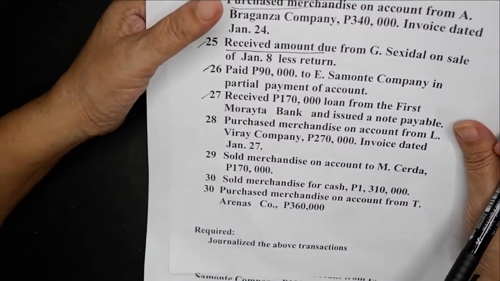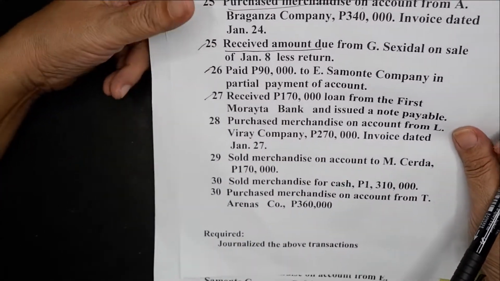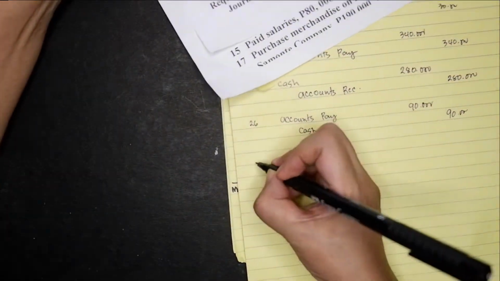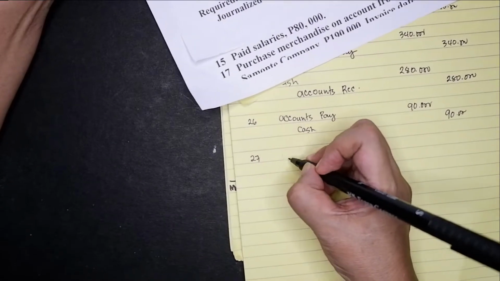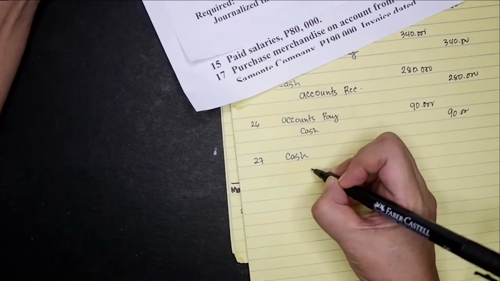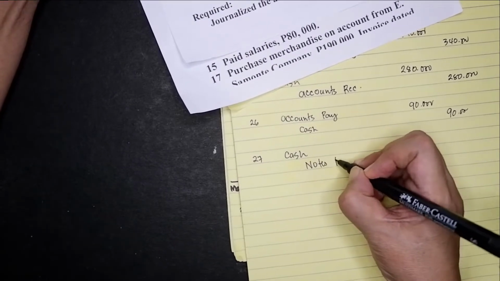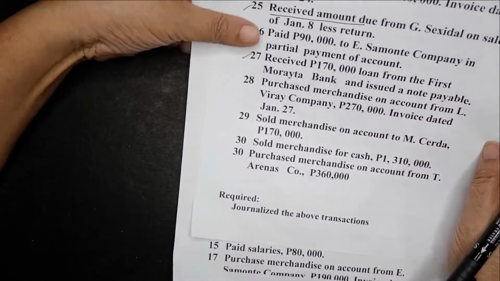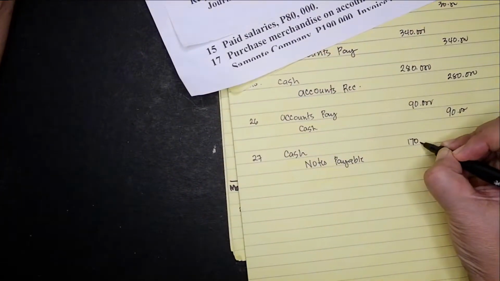27, receive 170,000 loan from the First Moraita Bank and issued a note payable. So, 27, debit cash, we applied for a loan, and credit notes payable of 170,000.